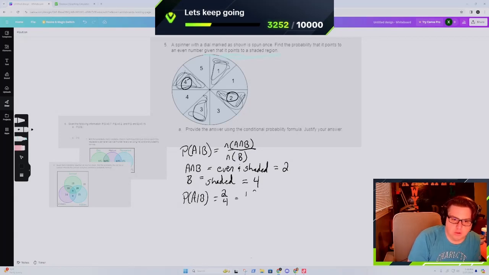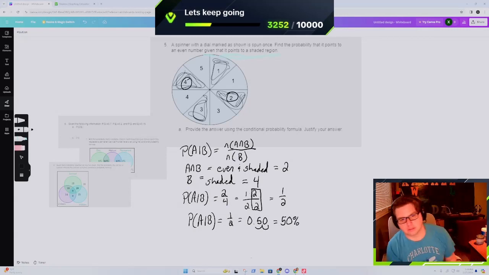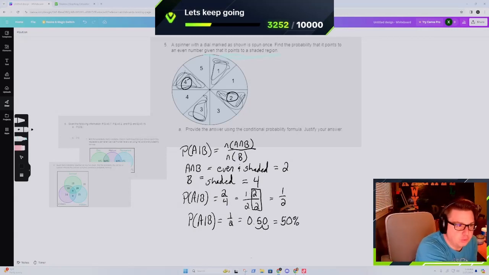And we simplified this earlier, but let's do it again. The 2's 1 out, and I'm left with 1/2. So the probability of A given B is equal to 1/2, which is also equal to 0.5. Move it 2 spots, and that becomes a 50%. All right. Not too shabby.